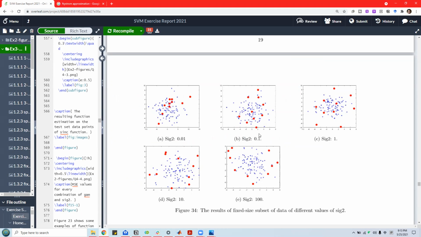That's my understanding. I think it's because in the RBF kernel you have sigma squared in the denominator of the exponent. So with a big sigma squared, e to the power of something becomes just 0. So that might be the answer.